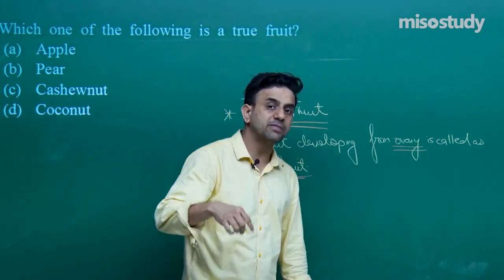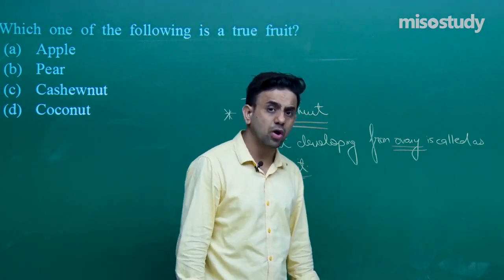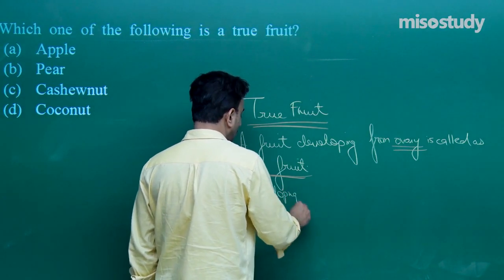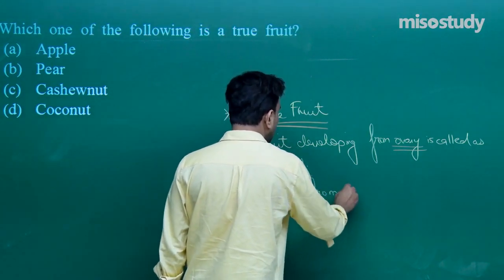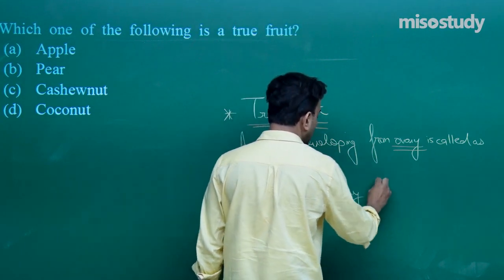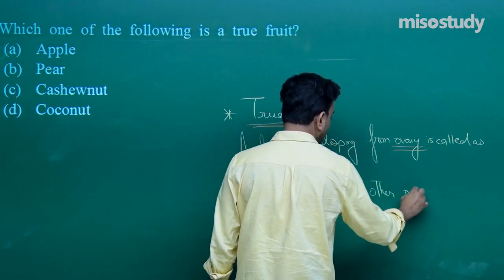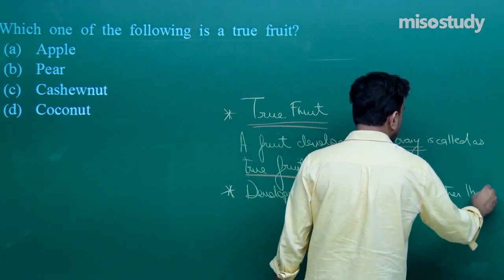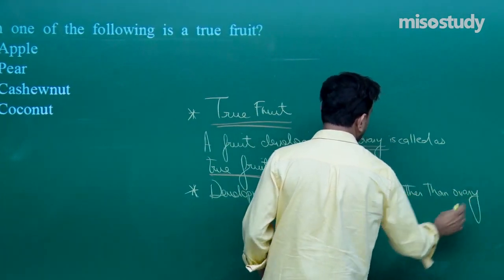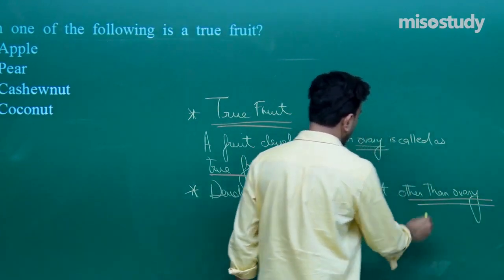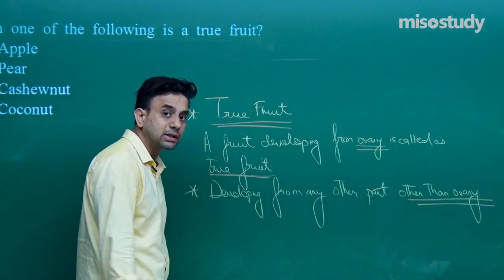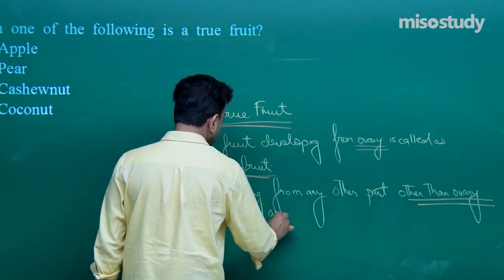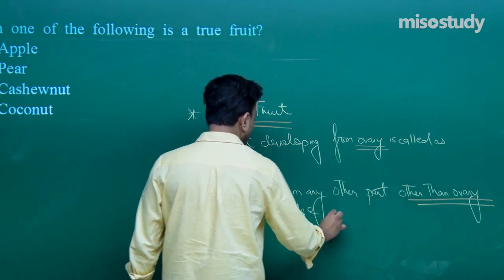A fruit which develops from any other part other than the ovary is called a false fruit.